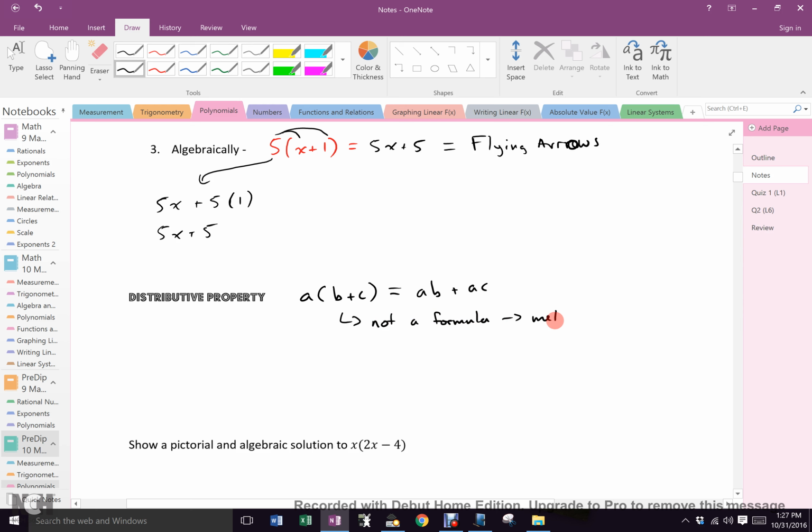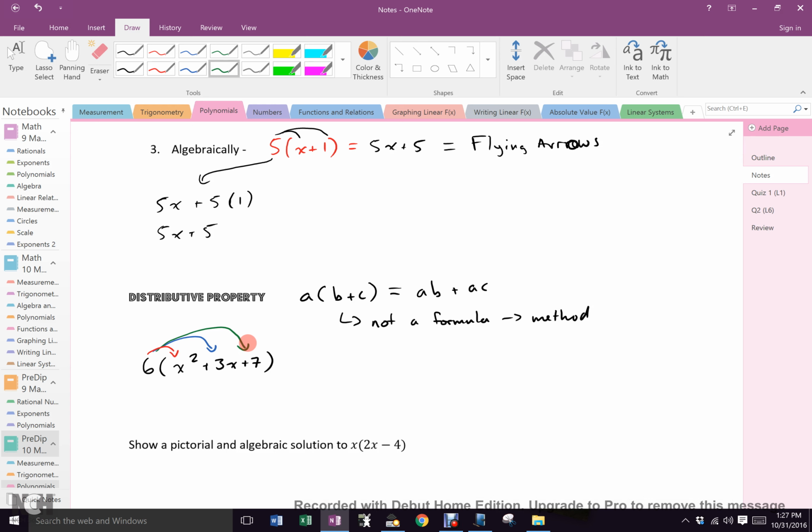It is a method. All right? So if it was 6 times (x squared plus 3x plus 7), you would have to do 3 different distributions. All right? It must go to all 3.